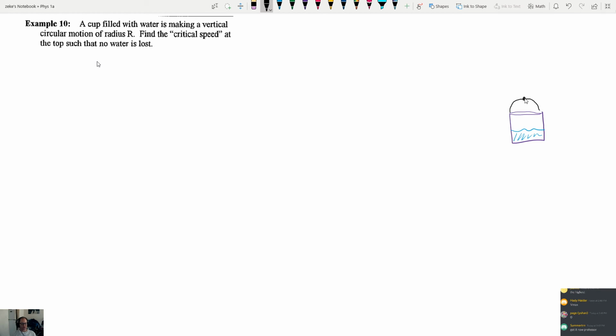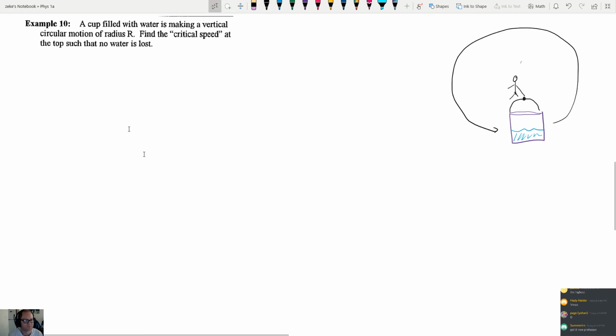You can take this bucket and you can swing it around in a circle like this, so that at one point in time, I'll draw a person inside of here. So you're going to hold this with your hand, and you're just going to swing it over your head and around like this, basically, right? And what will happen is that when the bucket gets to the top, let's see, can I flip this bucket drawing upside down? Is there a way to do that?